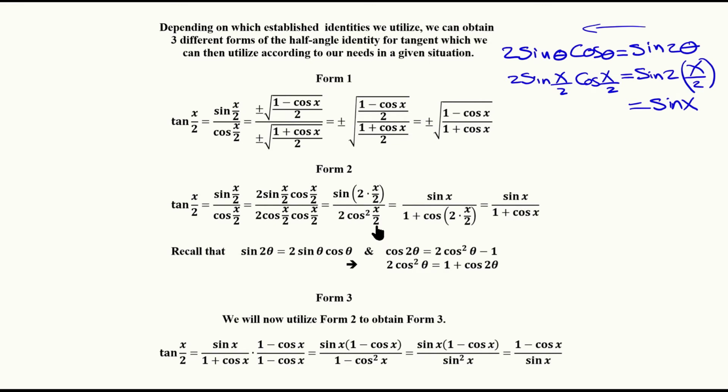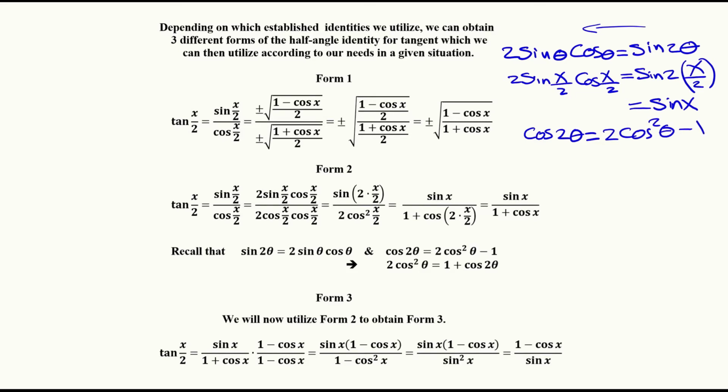Now we also know that, if you recall, one of the expressions that we had for cosine of 2x, or let's use theta just so they don't get confused, we had 3 forms for that, if you recall. But one of them was 2 cosine squared theta minus 1, correct?